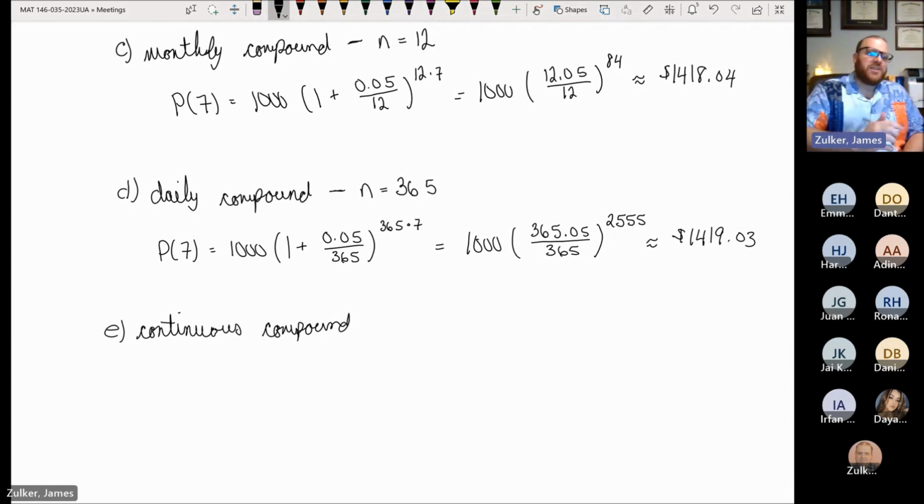Now if we have continuous compounding, what is N? Right, so be careful, N is not infinity because infinity is a concept.